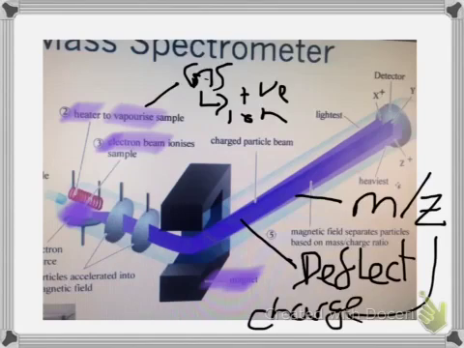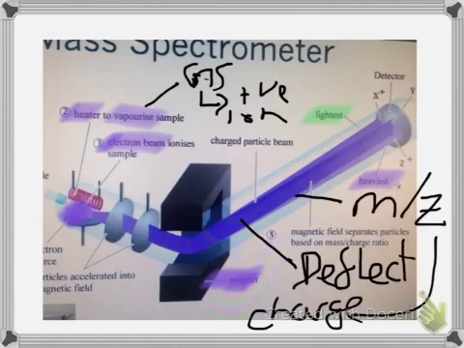The bigger the mass to charge ratio, the less it's deflected. That makes sense because it's heavier. So the heaviest ones get deflected the least, and the least heavy ones get deflected the most. Then we can use this to calculate what the relative formula mass of a compound might be.